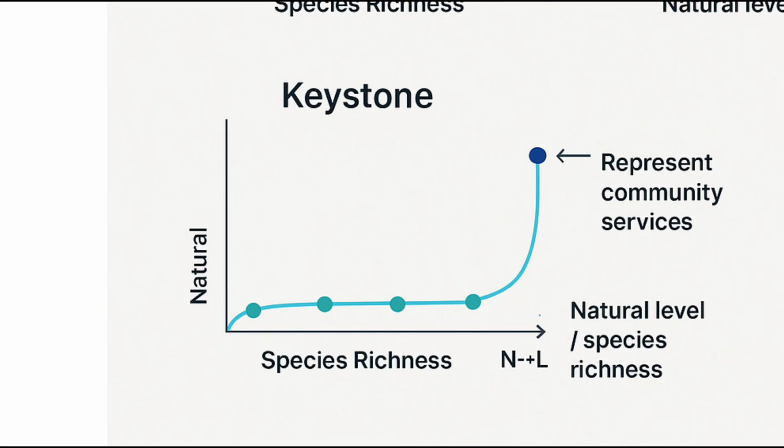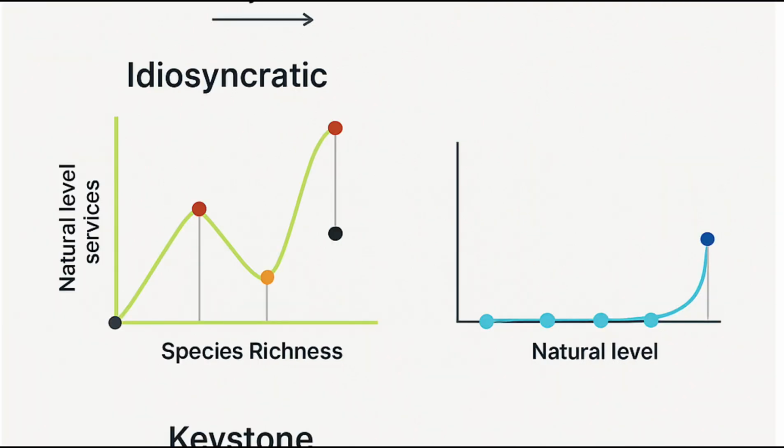Then the last one is the effect of species richness where the effect is unpredictable, and in this hypothesis there is no fixed pattern. So it is known as the idiosyncratic hypothesis. With some species the function increases, with others it decreases, and some do not change.